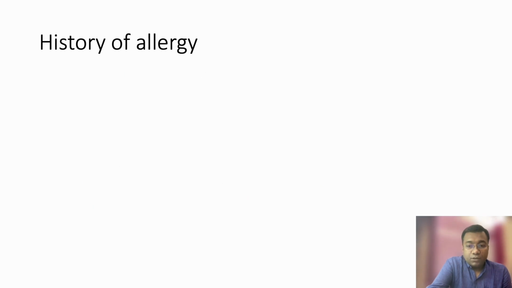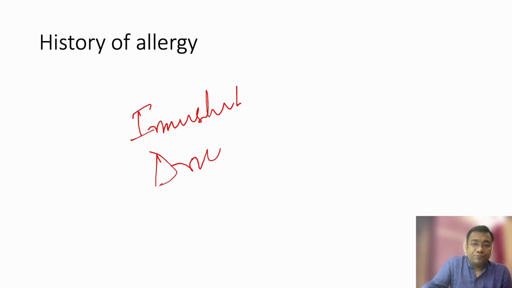Next comes the history of allergy. In case of children, you can include the immunization history here or drug history. Allergy to any specific food or drug, this you need to include.